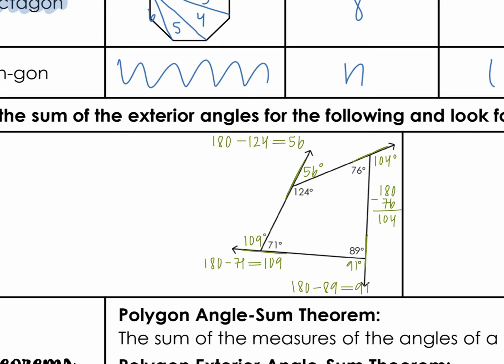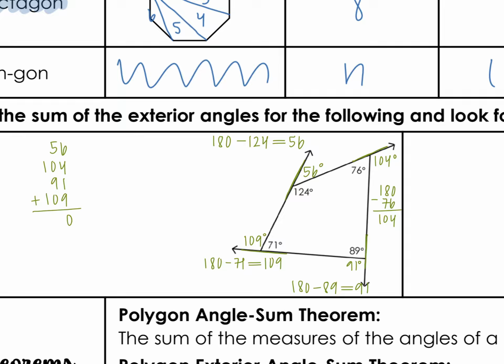Since we are finding the sum, I'm going to add every single one of those exterior angles that I just got. So 56 plus the 104 plus 91 and the 109. So I get 6 plus 4 gives me 10, then 11, and then adding that 9 to it, I'm going to get 20.